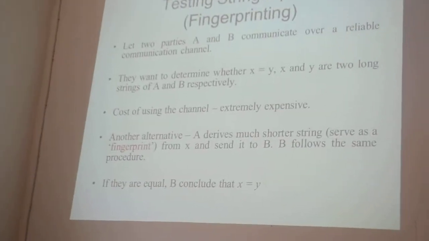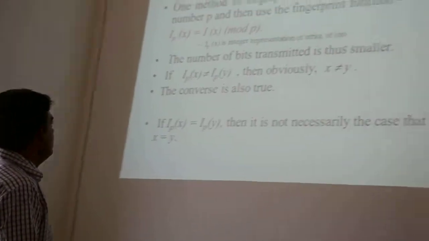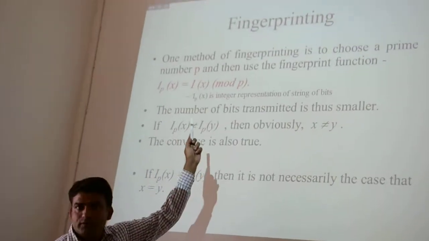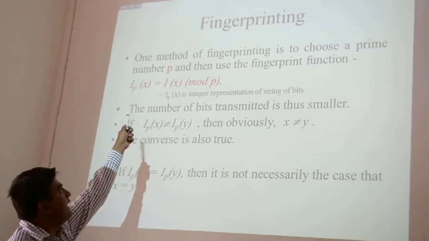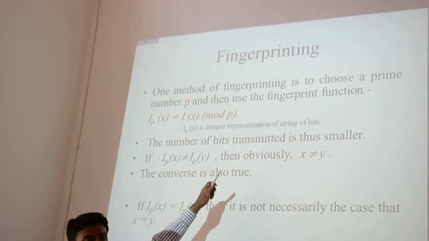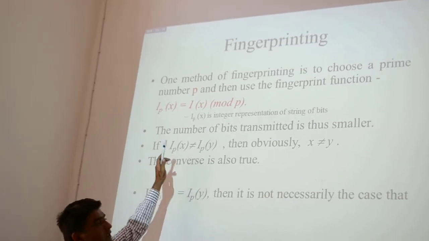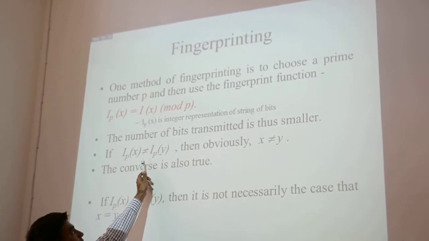By using a random number, which we take as a prime number p, we take the x string as well as the y string and change them into fingerprints by taking the mod with p. So using the p value, we change x into the fingerprint of x, and similarly the y string into the fingerprint of y, and then simply compare Ip(x) with Ip(y).